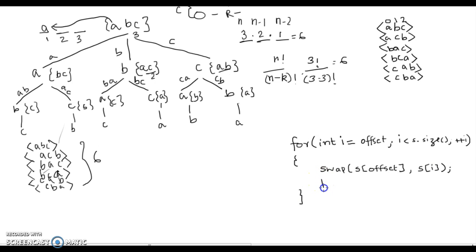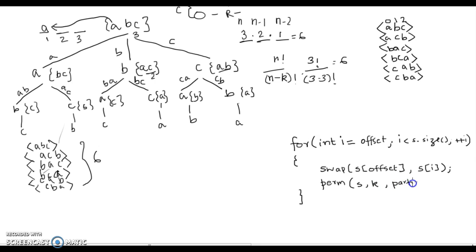So basically, then I can call my permutation function, and I can pass the same input, the size of the subset, and then I have the same partial.